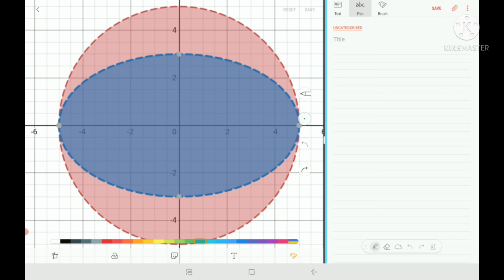Before starting anything, I would like to say a disclaimer that this may not be the absolute shortest way to find the area of an ellipse, but this surely is one of the interesting and unique ways of finding the area.